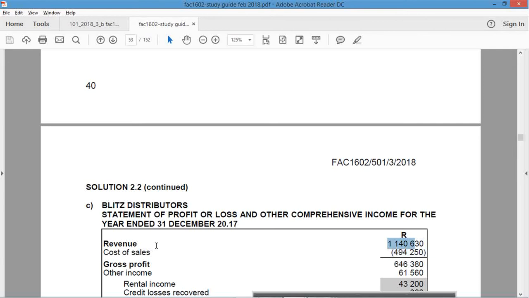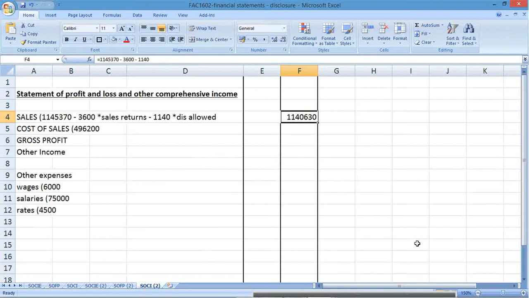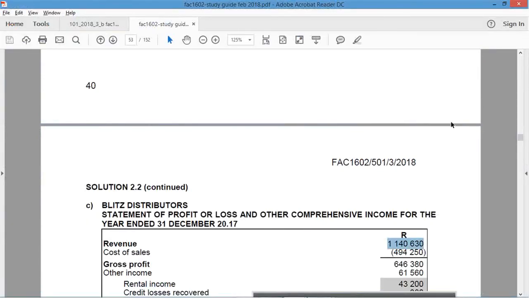If you had the printed study guide, I would have shown the brackets and that working. Just make a note of how they do it. I've seen them do that often in terms of disclosure. There's nothing wrong with doing it that way. It's a presentation line item. That's all. Okay, let's go back to the question.